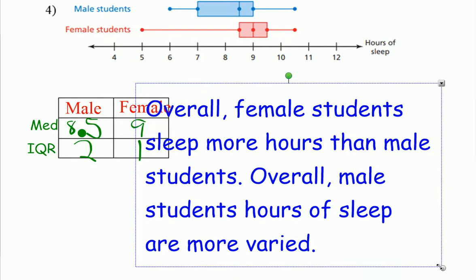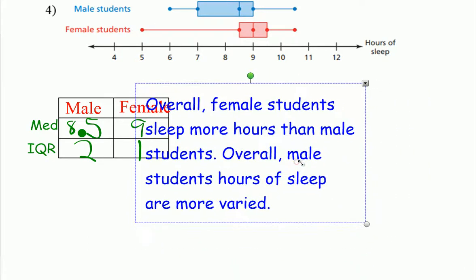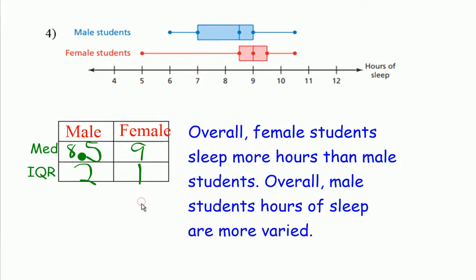Boys' hours of sleep, according to this diagram, are more spread out than the girls, showing that girls have more consistent, less varied sleep schedules. Interesting. So girls are more consistent, which means they are closer together. Most of the girls have a time they sleep closer together than the boys. Very interesting.